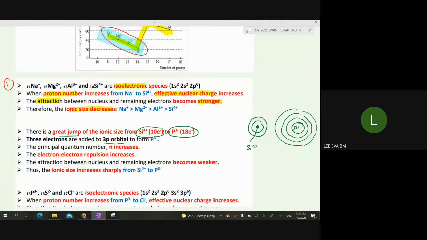Okay, therefore over here, principal quantum number or your energy shell increases. Electron repulsion increases, or you want to talk about the shielding effect because you mentioned the N. Okay, so over here we can add along the shielding effect.